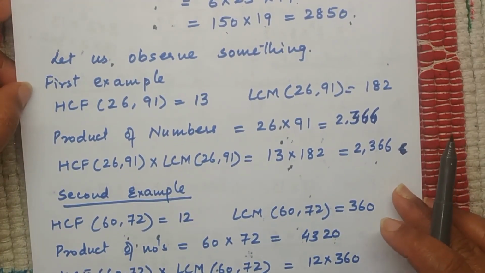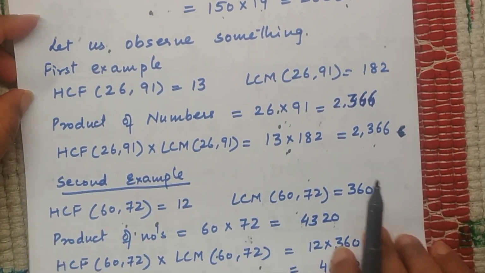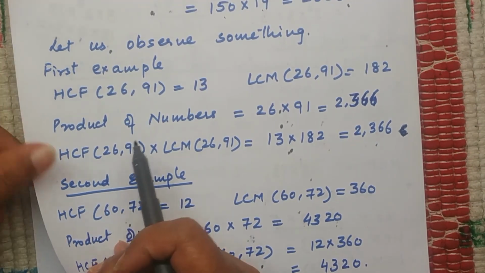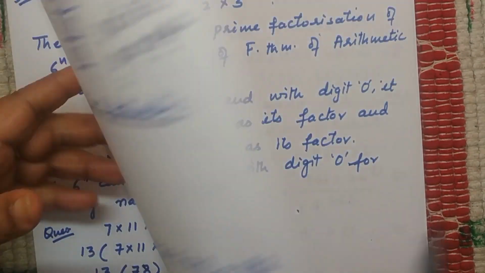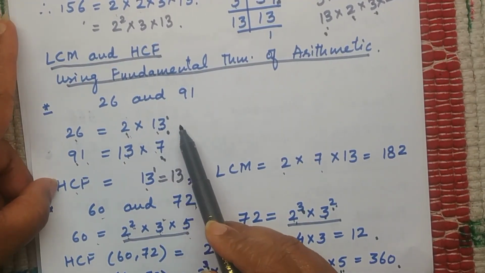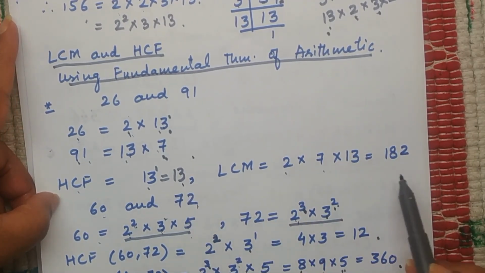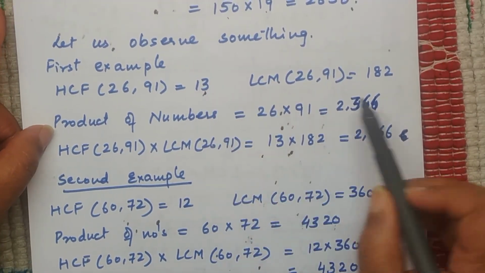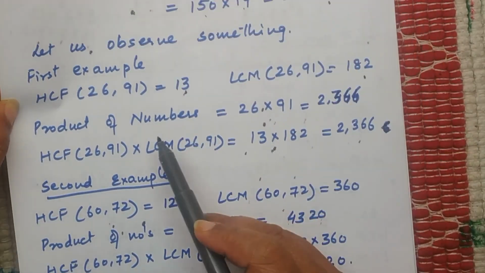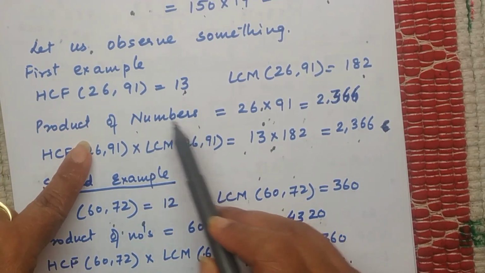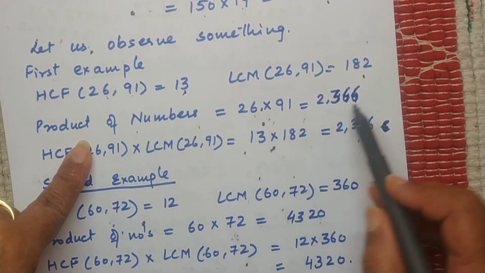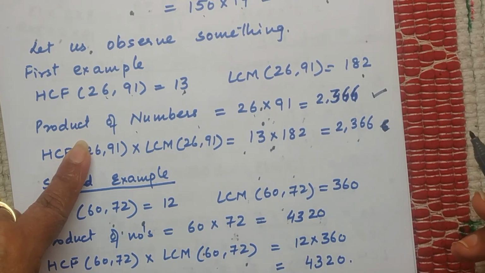Now children, let us observe something. In the first example that we discussed today, the example was finding out HCF and LCM of 26 and 91. We got HCF 13 and LCM 182. Now observe what is the product of numbers. 26 and 91, the product if we observe is 2366.